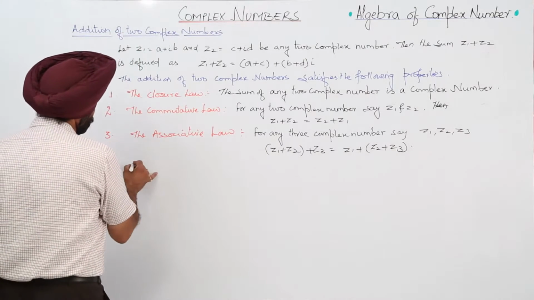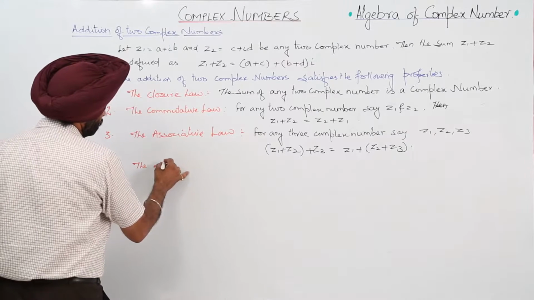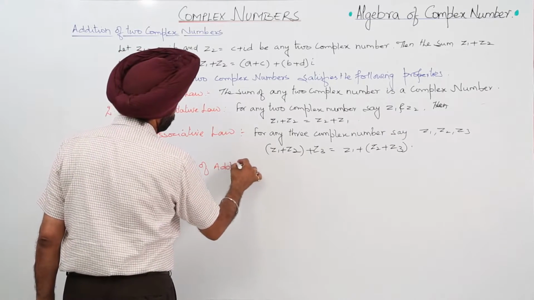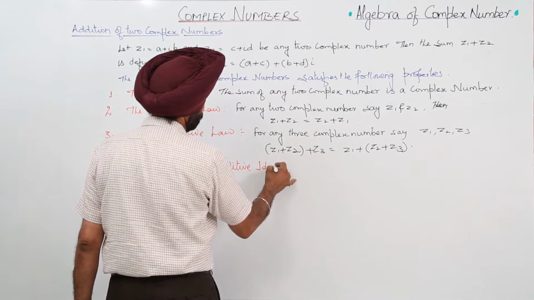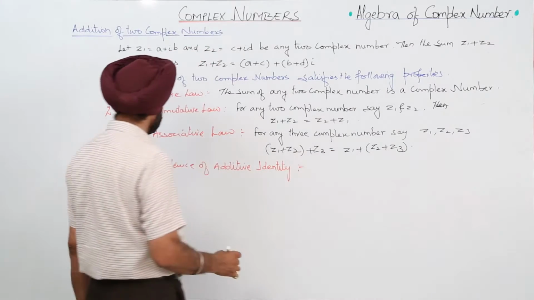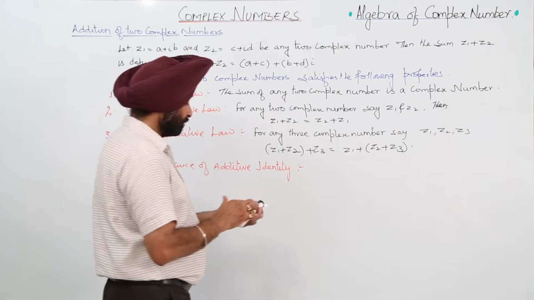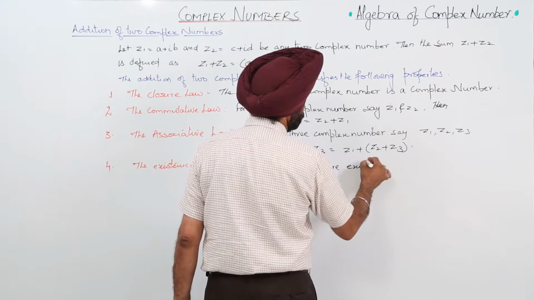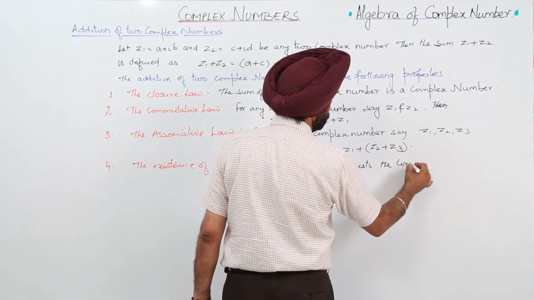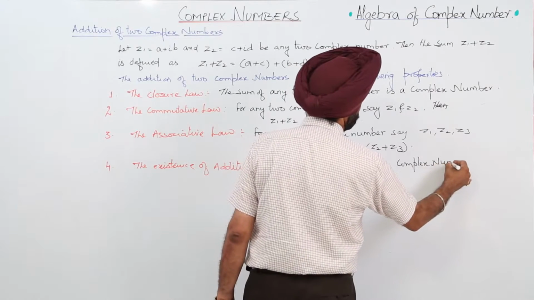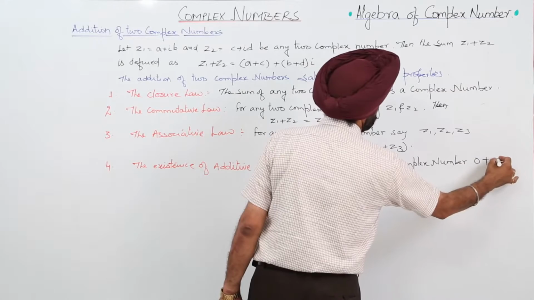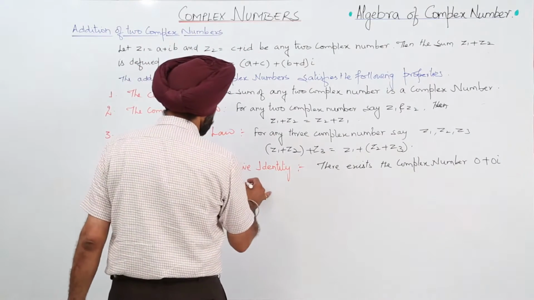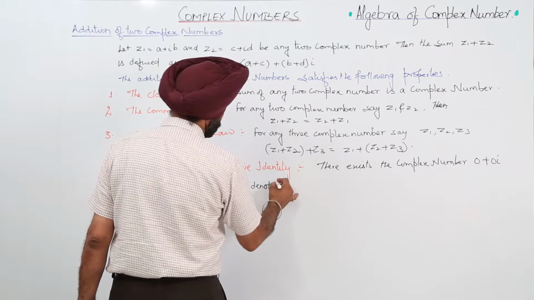Now the fourth one, which you have already done in relations and functions: the existence of additive identity. In this, there exists the complex number 0 plus 0 iota, denoted by 0.